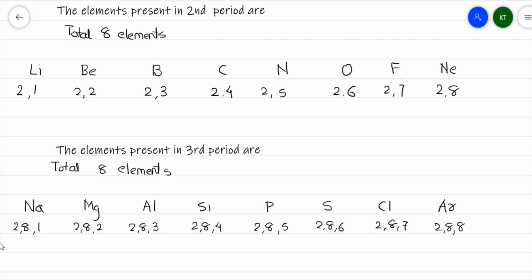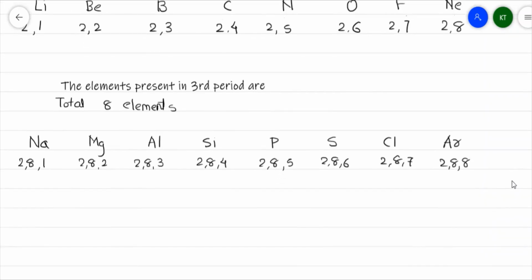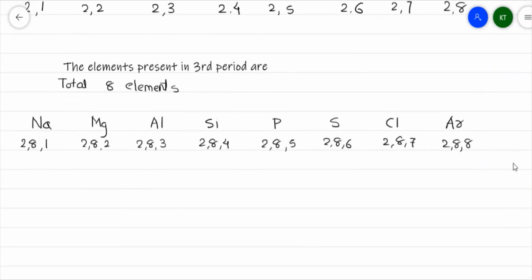So these are the elements present in the third period, and we need to know the first 2 elements from the fourth period. The first 2 elements in the fourth period are potassium and calcium.